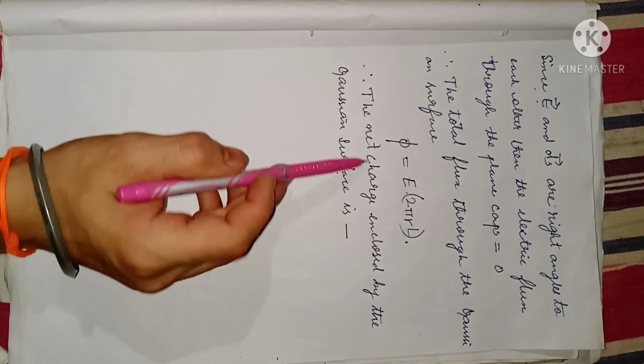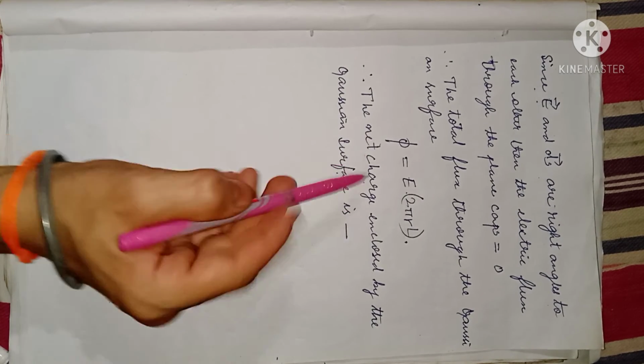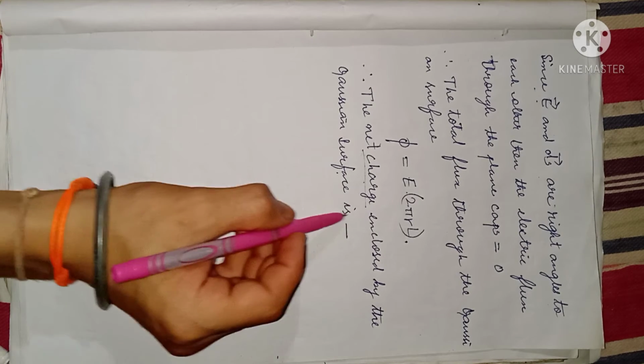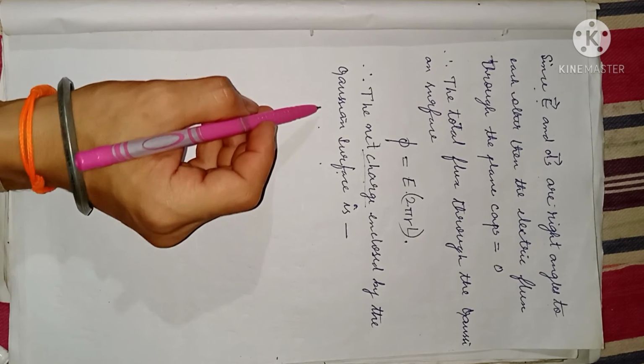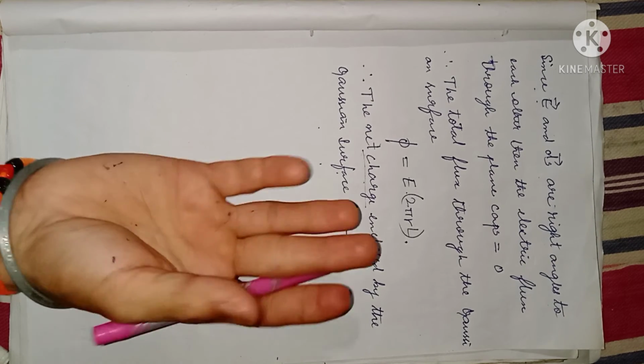Since our main aim is to find the charge, isn't it? So now we can find the value of charge, and by applying Gauss law we can derive it easily.